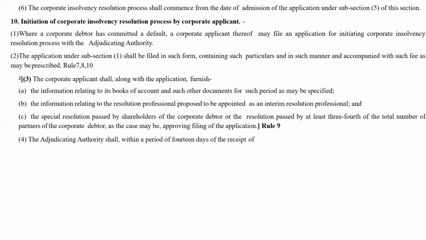And the special resolution passed by the shareholders of the corporate debtor, or the resolution passed by at least 3/4 of the total number of partners of the corporate debtor, because it could be an LLP. In case of LLP, it has to be 3/4 of the total number of partners. And in case of a company, it has to be a special resolution.